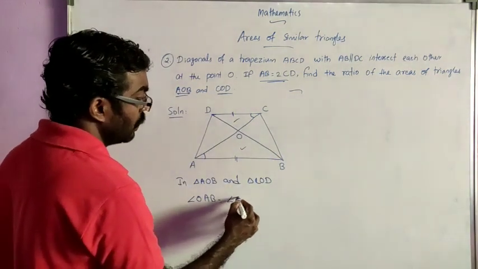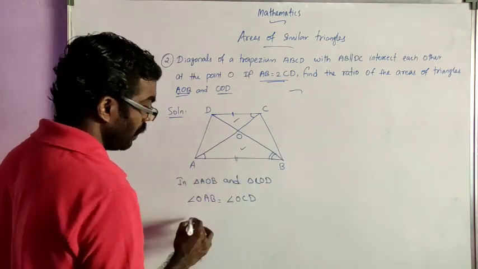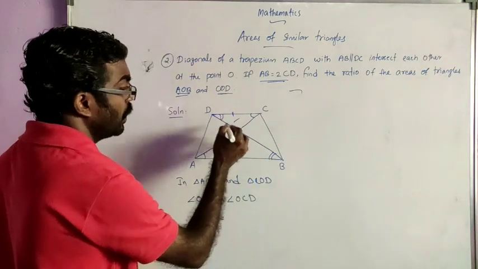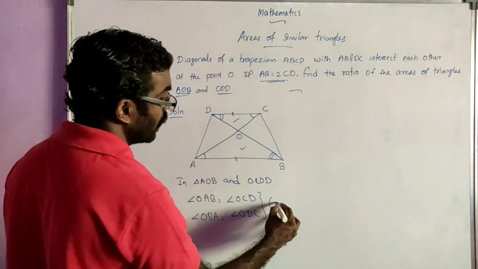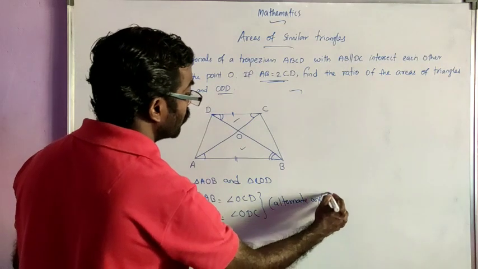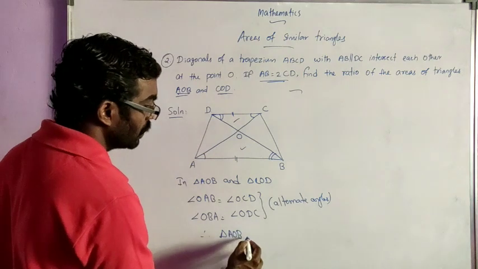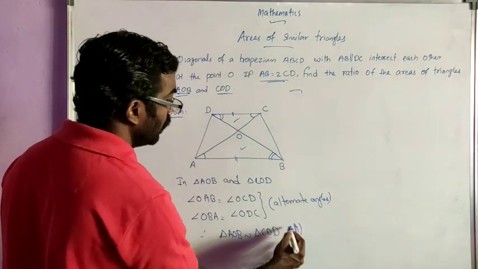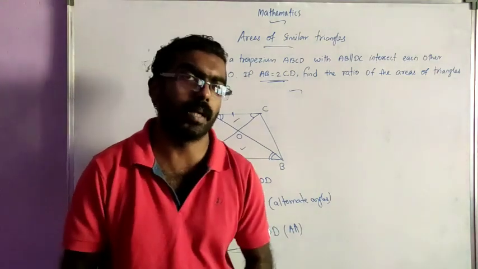Then angle OBA is equal to angle ODC, alternate angles. Therefore, we can write triangle AOB is similar to triangle COD by AA similarity criterion. Since the triangles are similar, we can apply the theorem.